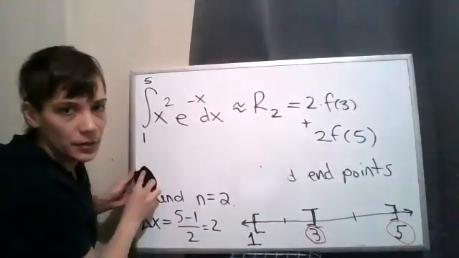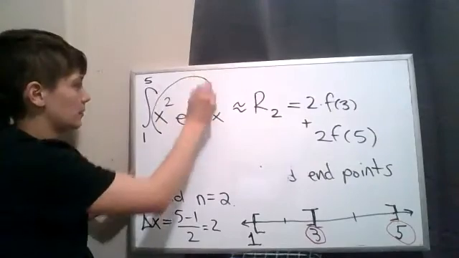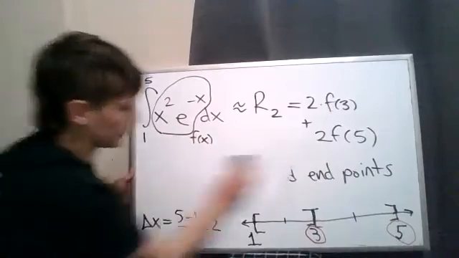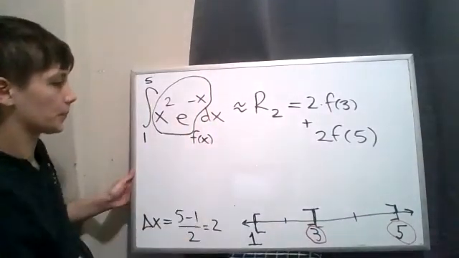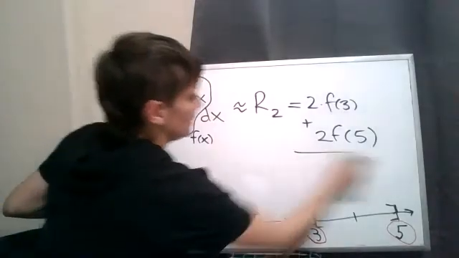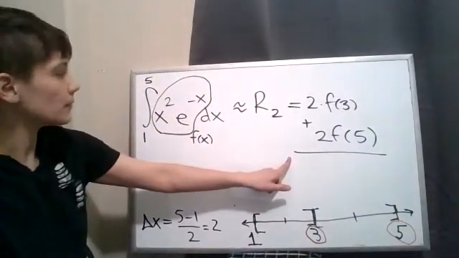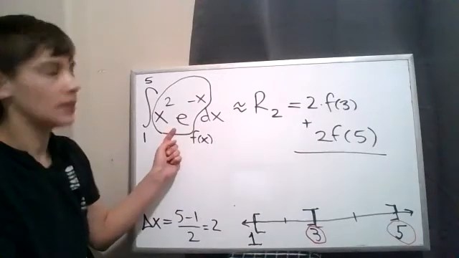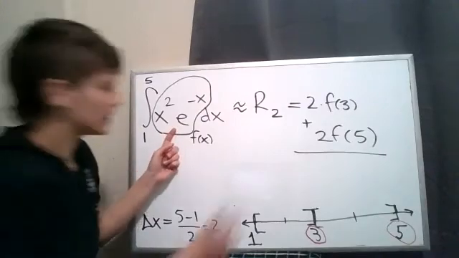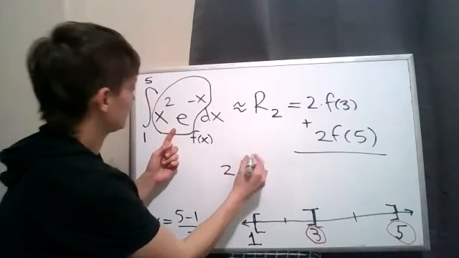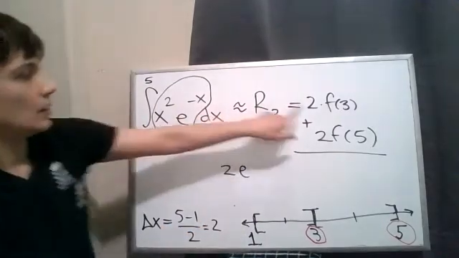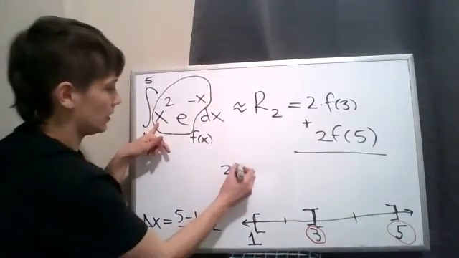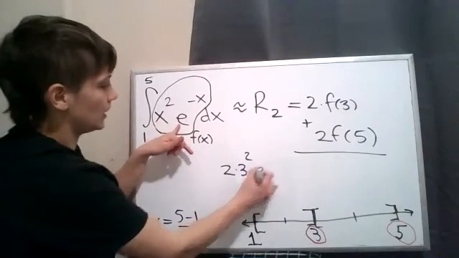And then I just put those into your function. This is your function right here. Okay, so this is 2 times 3, putting in 3 here. 3 squared e to the negative 3. 2 times f of 3, and that gives us 3 squared, e to the negative 3.